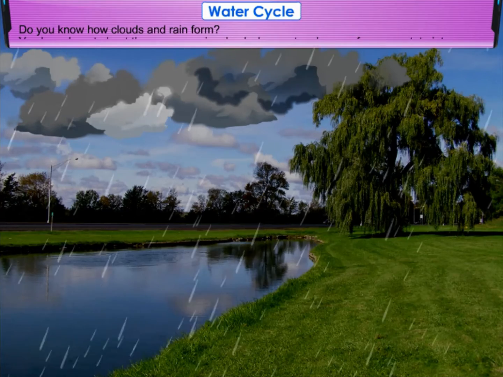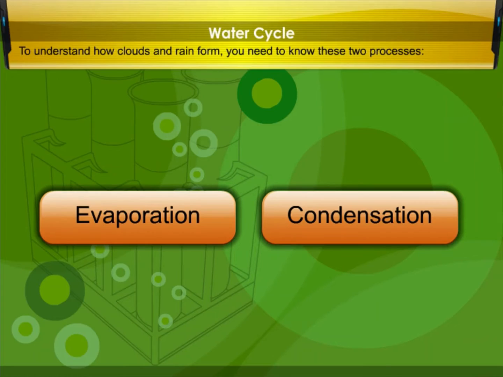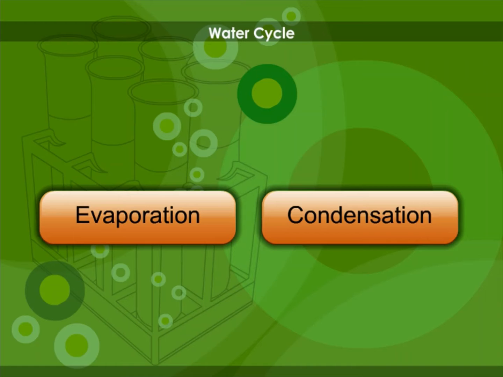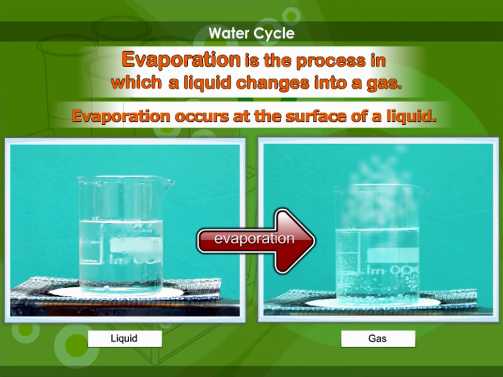Do you know how clouds and rain form? To understand how clouds and rain form, you need to know these two processes: evaporation, condensation. You have learned that. Evaporation is the process in which a liquid changes into gas. Evaporation occurs at the surface of a liquid.